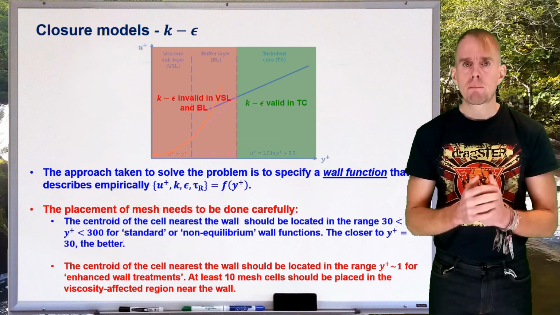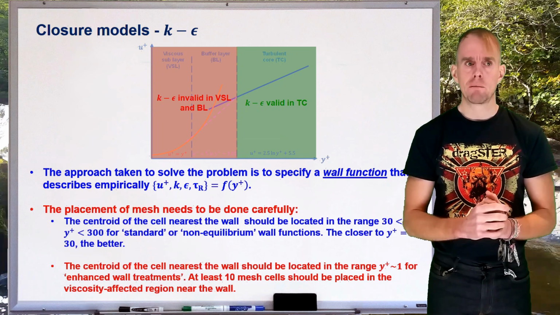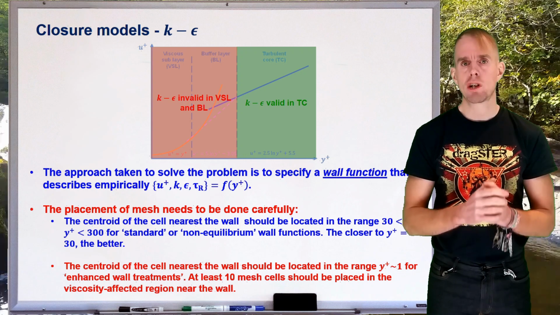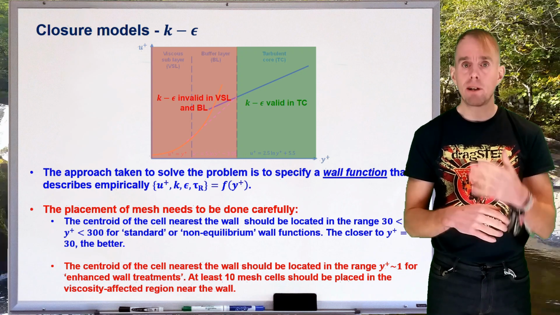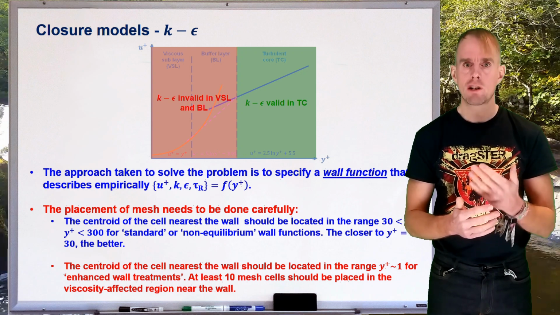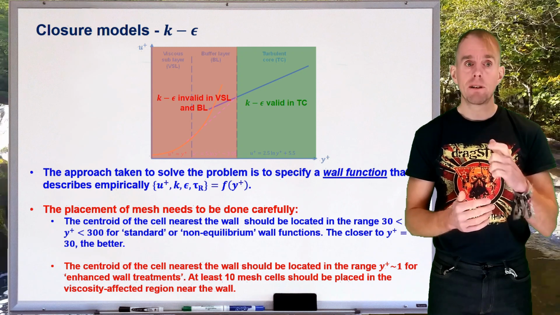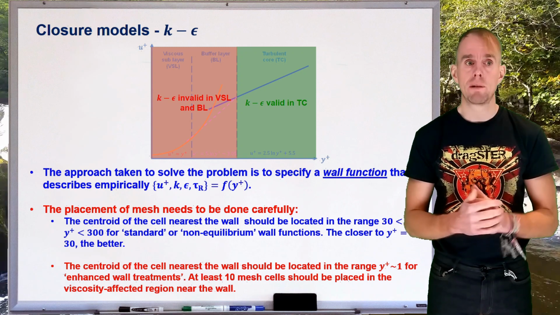What this means from a practical sense, if you're modelling turbulent flows, is you need to design your mesh very carefully. In the final part of this lecture, I will give you some mesh design hints, but there's two things really that you should be thinking about here.